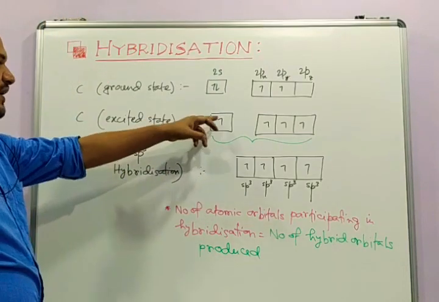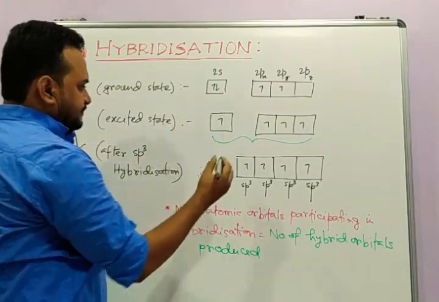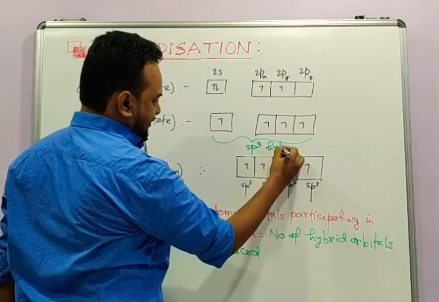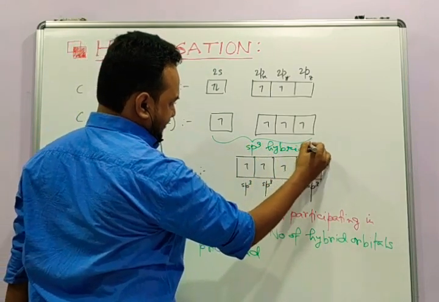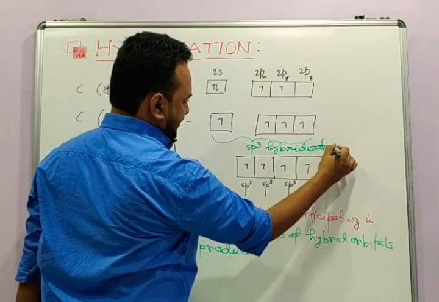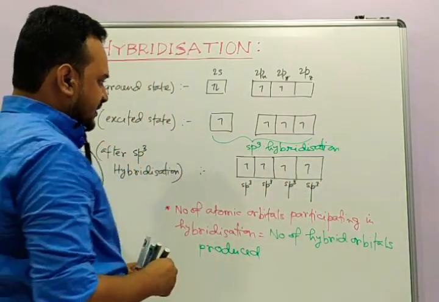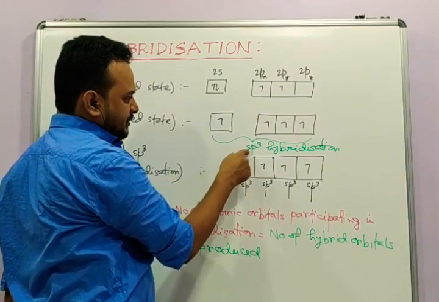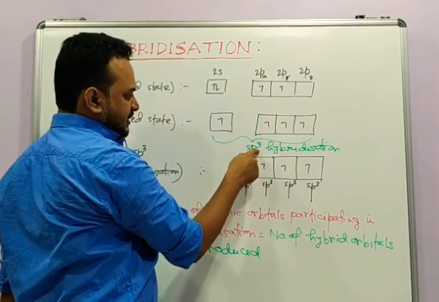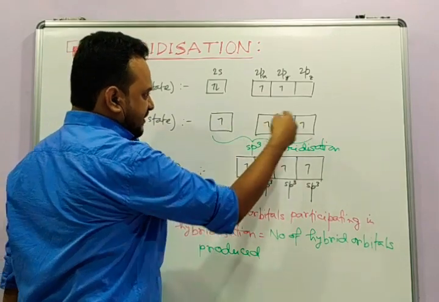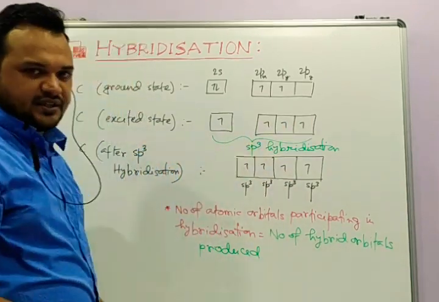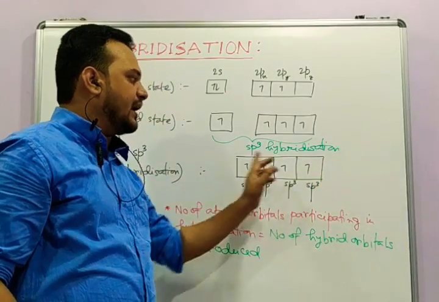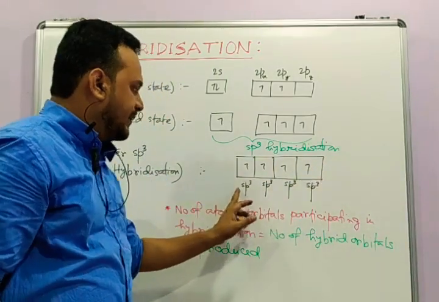Now this hybridization is known as sp3 hybridization. This is the name of the hybridization. Okay, the type of hybridization is sp3. How is this name coming? Now the participating orbitals: one s orbital and 3 p orbitals are participating. So the name of this hybridization is sp3 hybridization. So all these 4 energetically equivalent hybrid orbitals are named sp3.